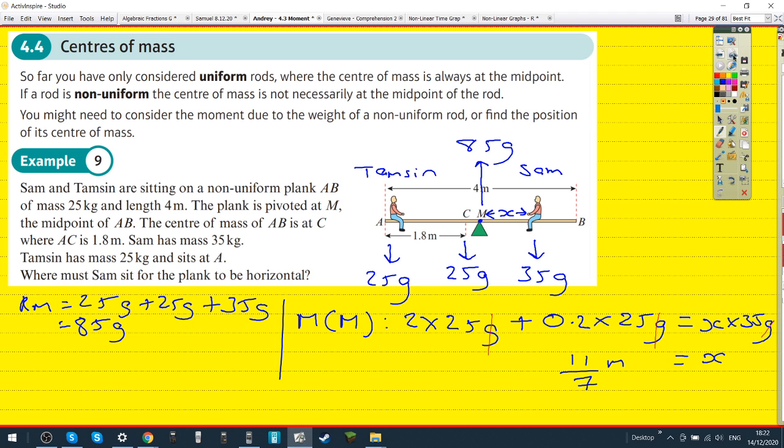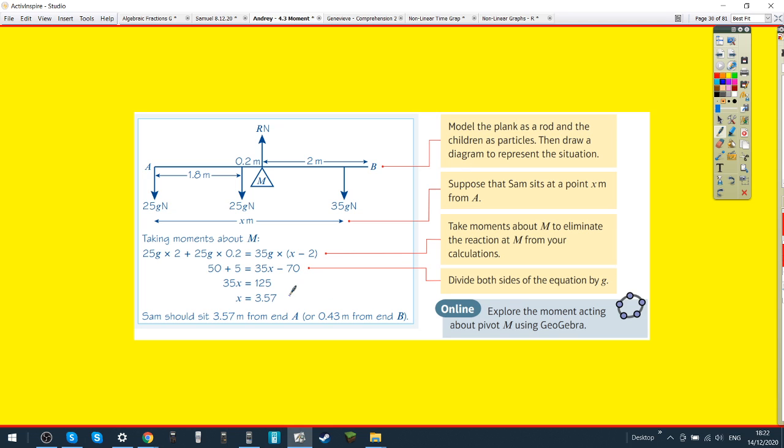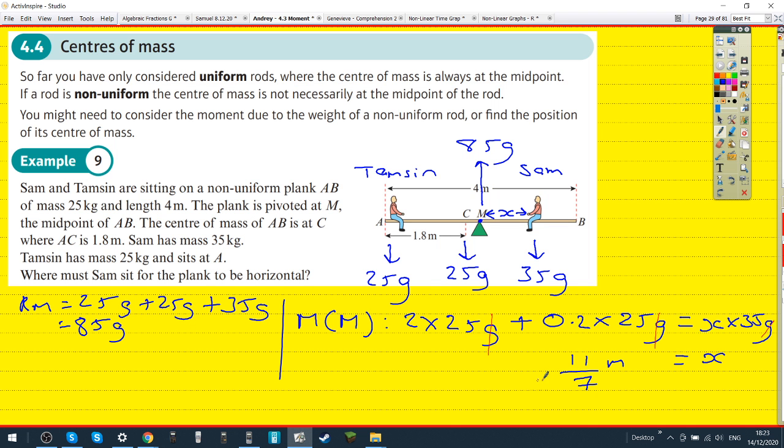Yeah, I think that's it. What is it? Roughly 3. Oh, they're saying from A. Yeah. So if you add 2 to that, is that roughly 1.57? Yeah, it's 1.57. Yeah, that's it.